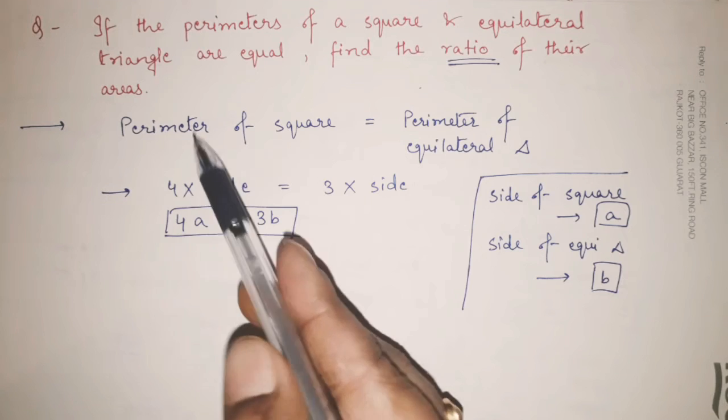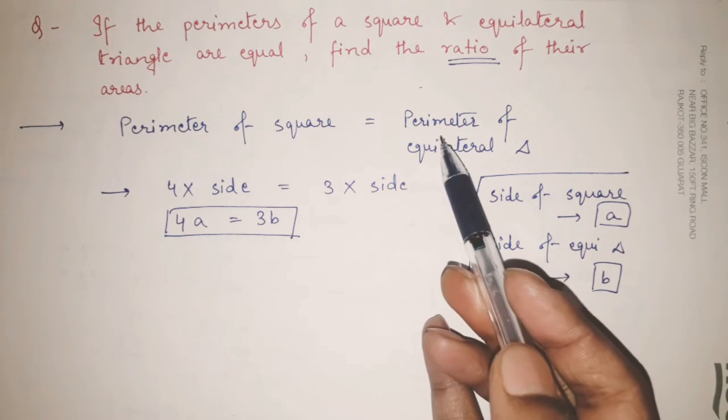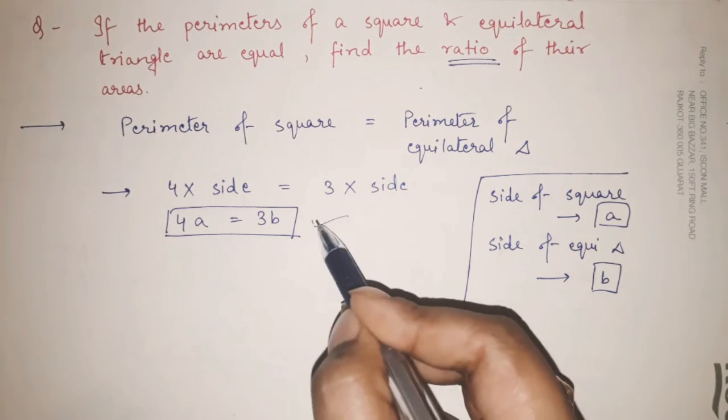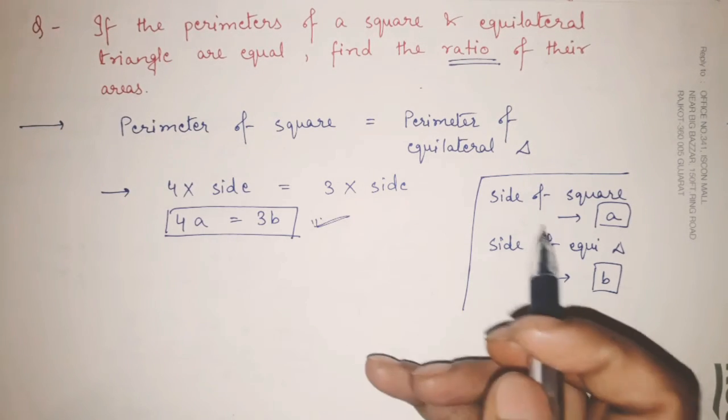Because they have already told that perimeter of square is equal to perimeter of equilateral triangle. So based on this, we have derived this equation that 4A will be equal to 3B.